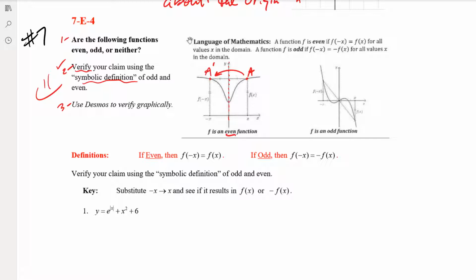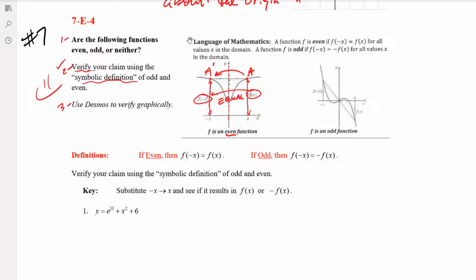The function value, this distance, which we call f of x, is the same height as f of negative x. So f of negative x equals f of x. Equal height. That's if it's even.